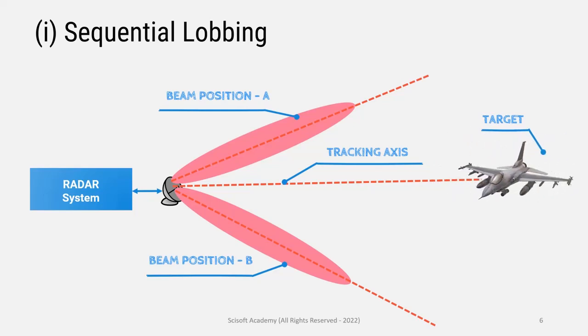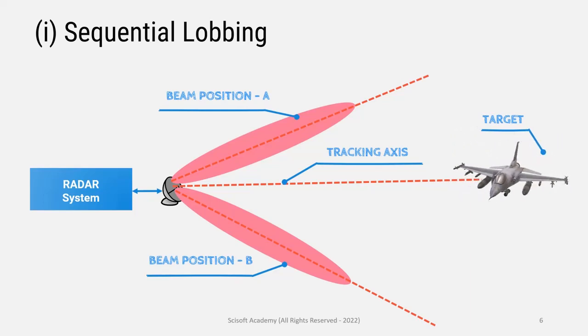So let's go ahead with the problems of using sequential lobing. When the angle of the beam is more than the angle of the error, we are actually losing the accuracy of the tracking system. And if you are using a pencil beam, then the tracking region decreases.